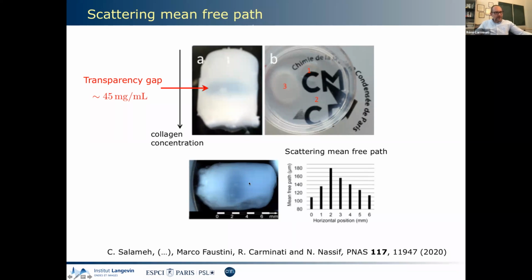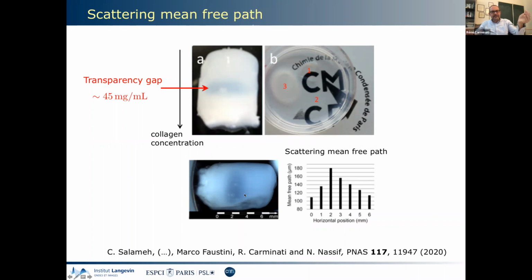So what we change from left to right: those material chemists are amazing people, because in their process they can fabricate this material that is typically 1 centimeter. Horizontally, you have a gradient in collagen concentration. So that's what you probe there. The concentration in collagen changes here. So from left to right, the x-axis is a change in collagen concentration.